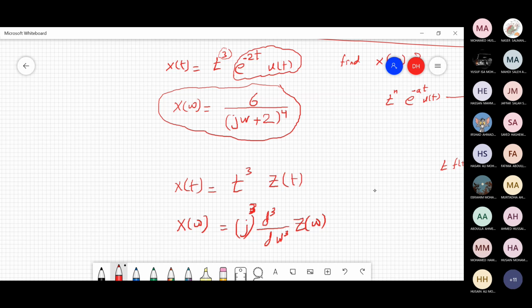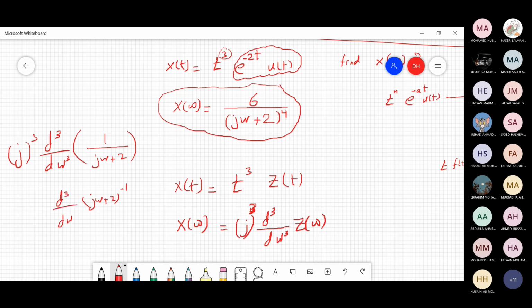So it is j to 3 and third derivative of this one. And this is 1 over j omega plus 2. And this is also easy because here it is j omega plus 2 to the power of minus 1. So the third derivative of d omega cube. And here you have j cube.